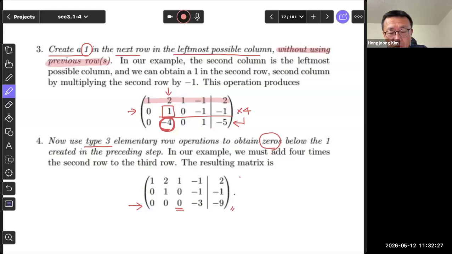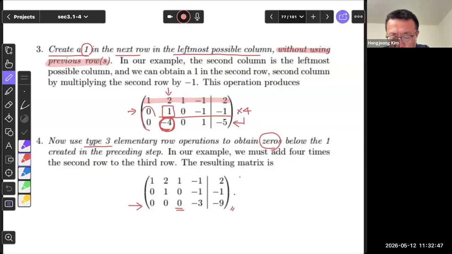For a moment you do not touch the previous rows. So if I temporarily hide the first row, the leftmost non-zero column is the second column, because in the first column you have only zeros. In the second column, the next row is the second row.